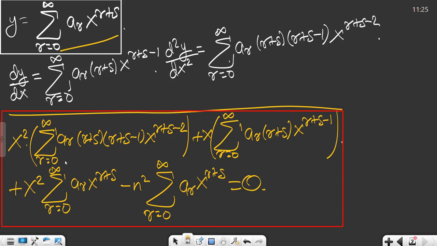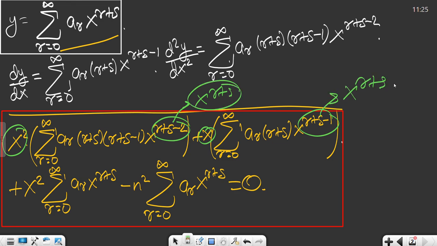And the next step is, let me change the color maybe. Yeah, we are going to multiply this one to here and this one to here. So you're going to have a quite good result, because that's going to give us x to the r plus s, and similarly here itself.